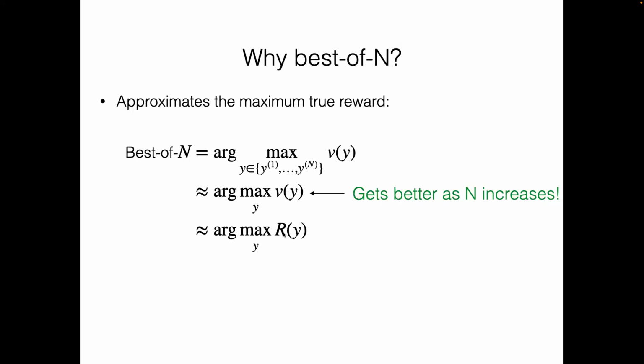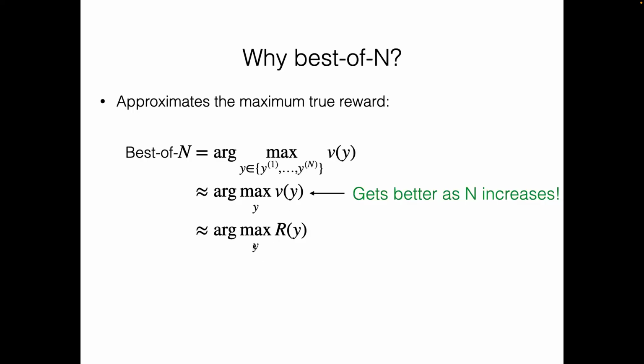So in the case of the math problems, it's trying to approximate whether the solution is actually correct or not. And then you could say, okay, this approximation should actually get better as we increase n, so as we generate more and more.